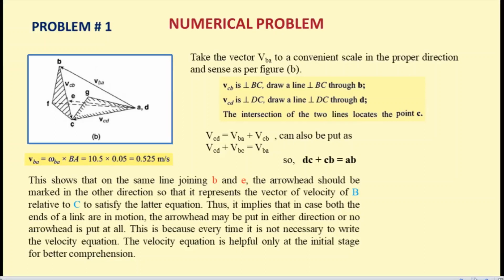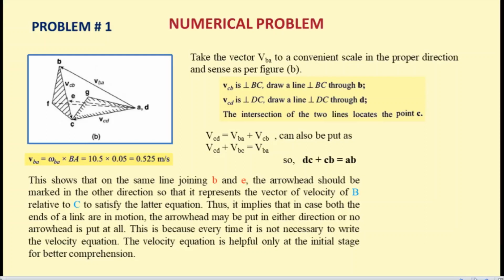The intersection of the two lines locates the point c, small c. Now VCD equal to VBA plus VCB can also be written as VCD plus VBC equal to VBA. So DC plus CB equal to AB as per the vector rule.